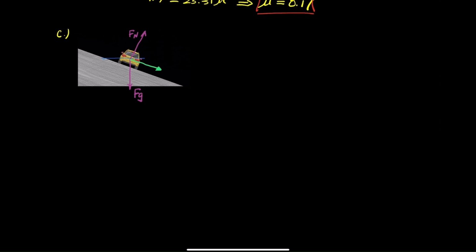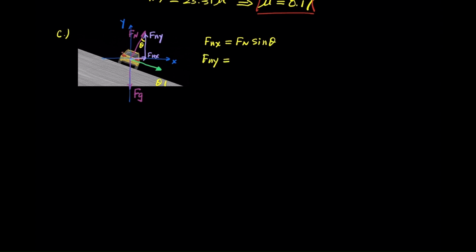Again, we need to set up the coordinate system, x and y axis. When we decompose the normal force and friction force, the component equations are the same as before. Okay, for the normal force, we have Fnx and Fny. This is the angle theta. So Fnx is Fn sine theta.